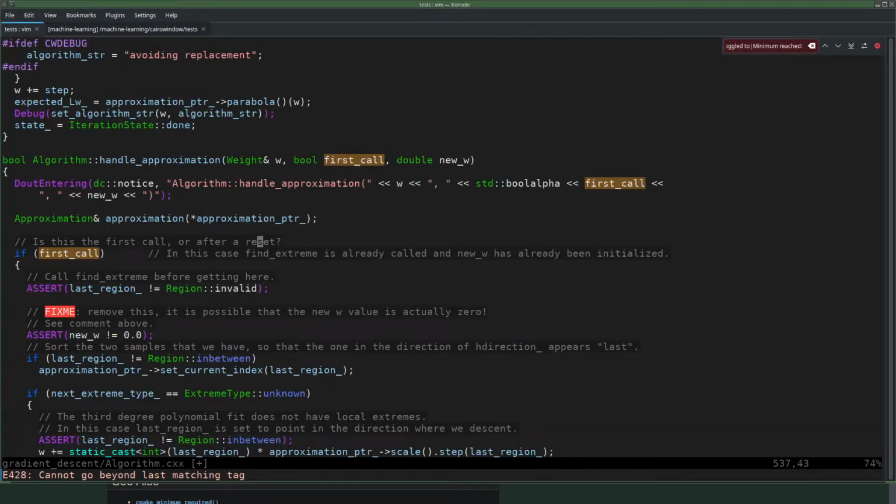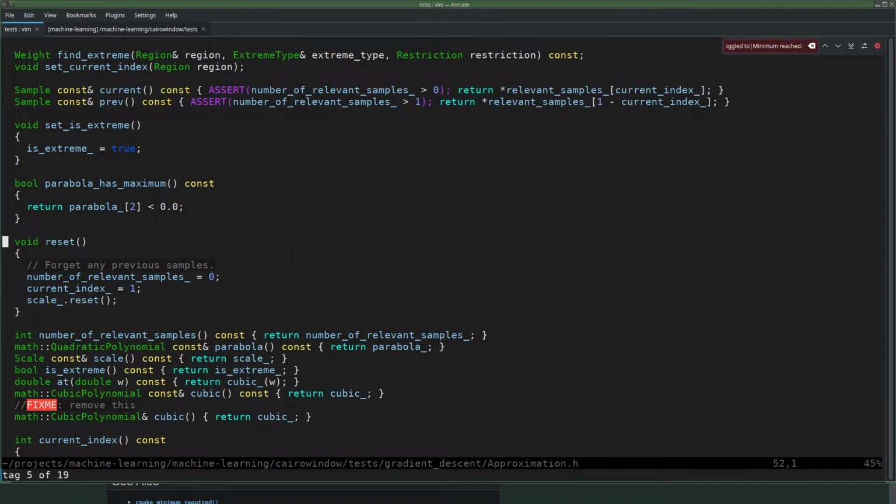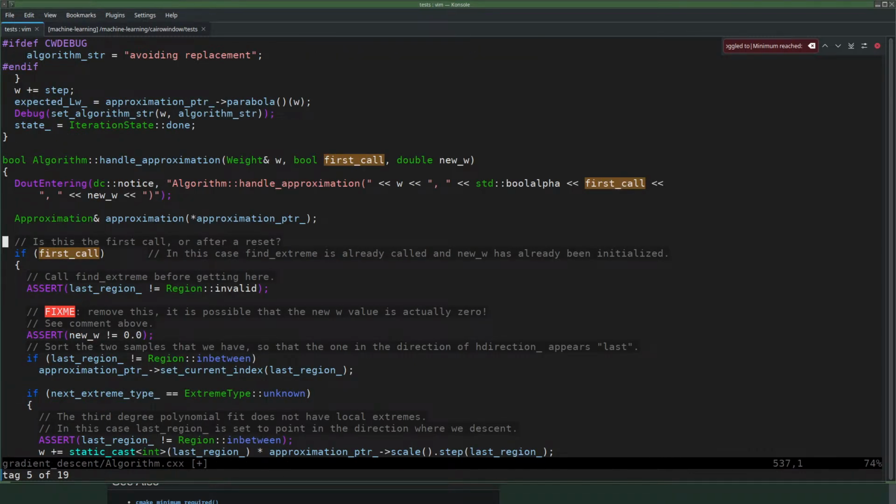Reset on approximation. Not really. There is no function reset yet.